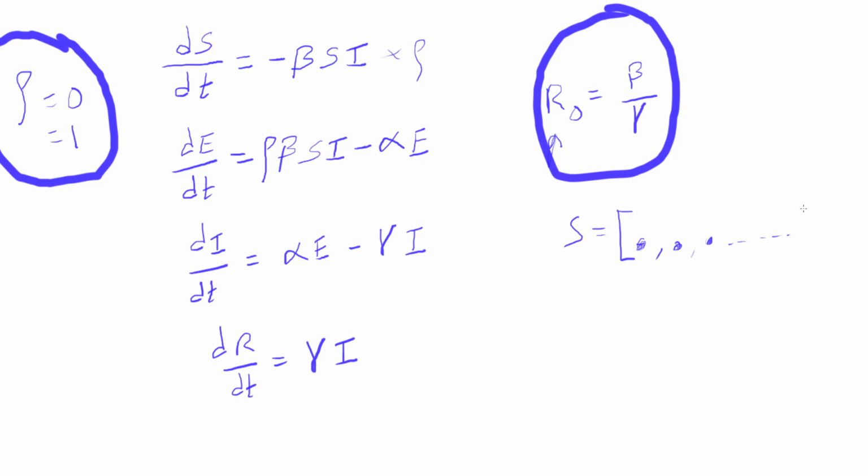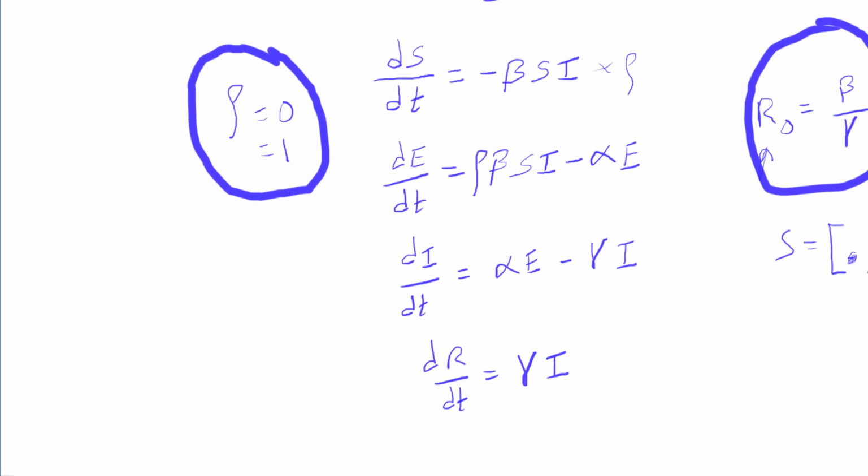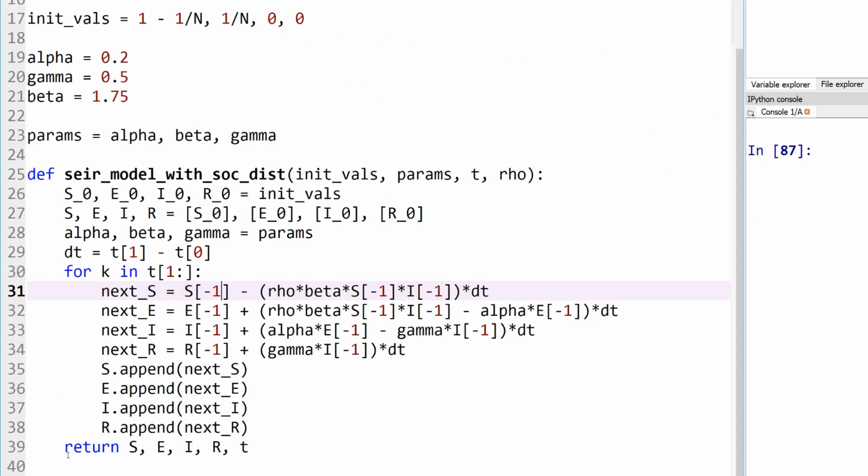This is how I'm creating a list of s values, e values, i values and r values, so eventually we can plot them. This is the code, and when I share it, I'll write as much text as possible, so even if you're not a coder, you should hopefully be able to follow it. The rest of it is basically plotting.